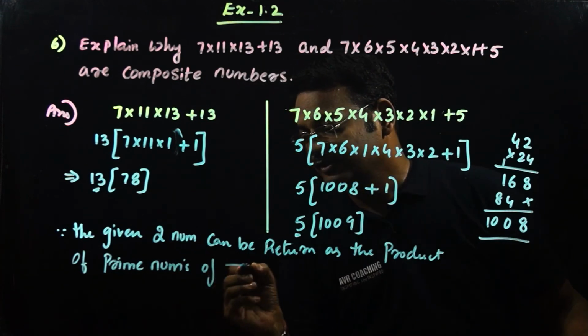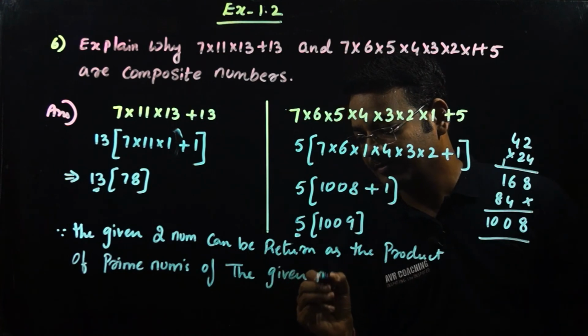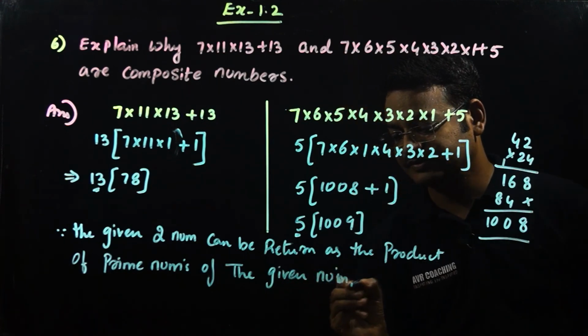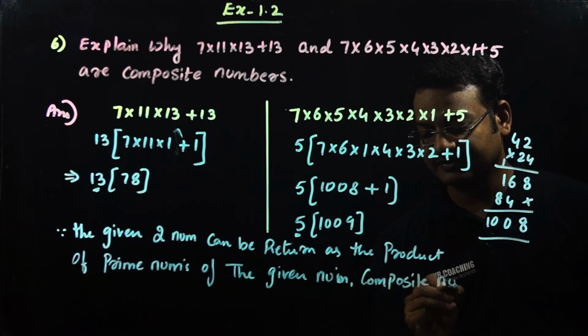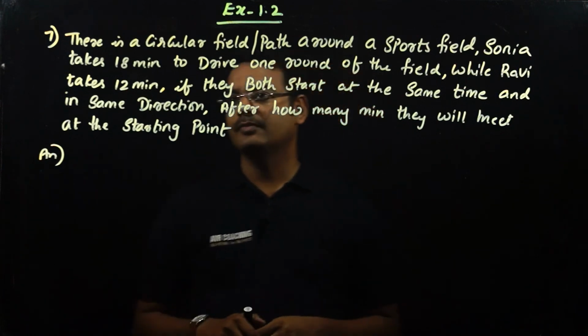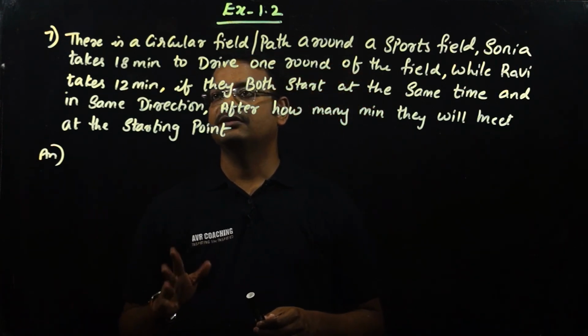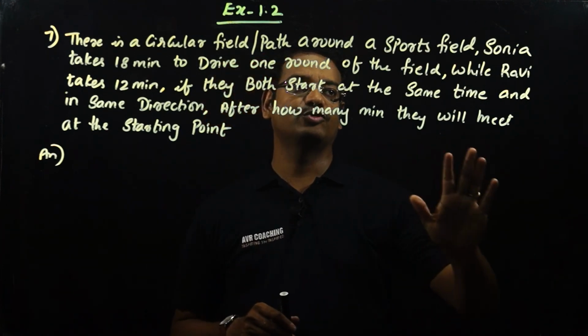Therefore the given numbers are composite numbers. Proved.